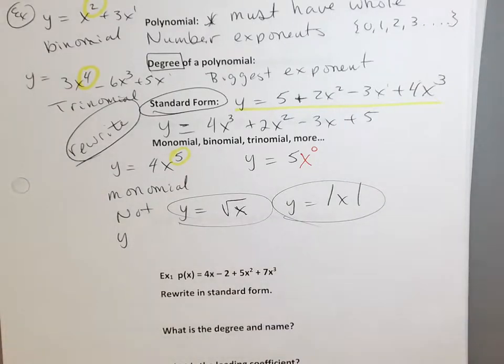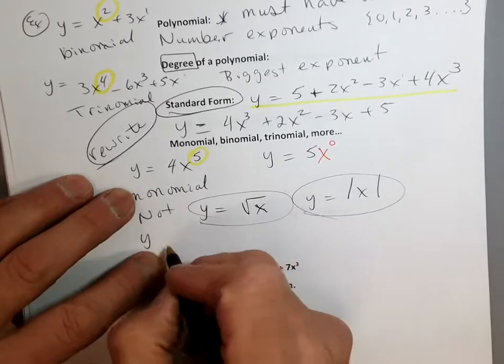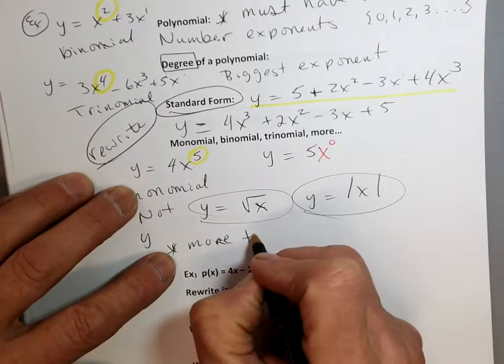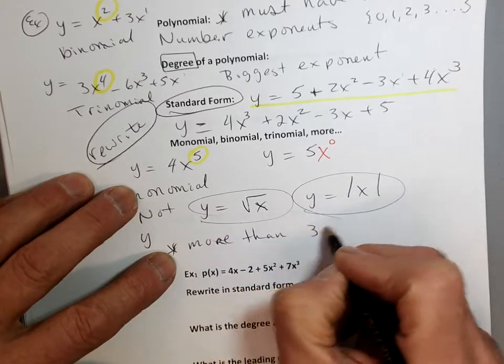Anything bigger than 3 terms, we just call it a polynomial. If you have 4 terms, it's a polynomial because it's got many terms. 5 terms, 6 terms, call it a polynomial because it has many terms. So, names for more than 3 terms.